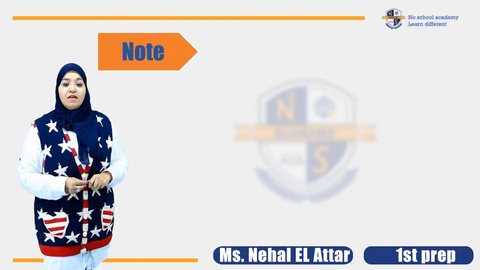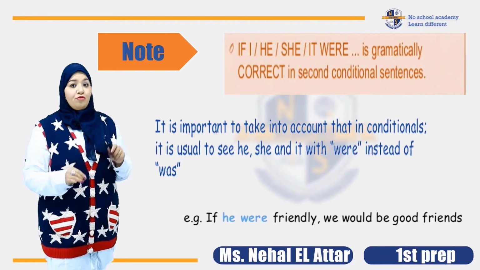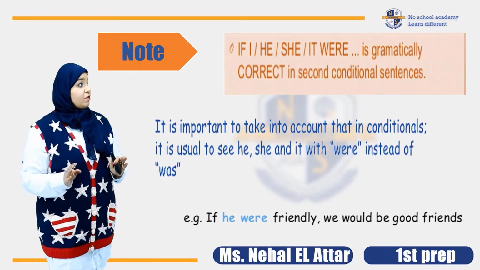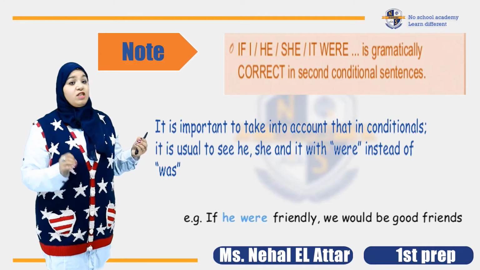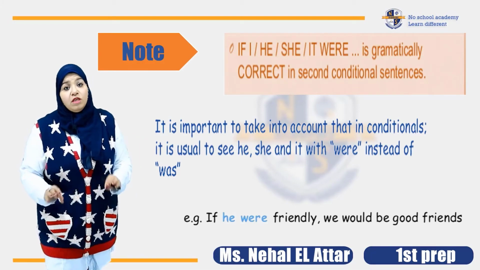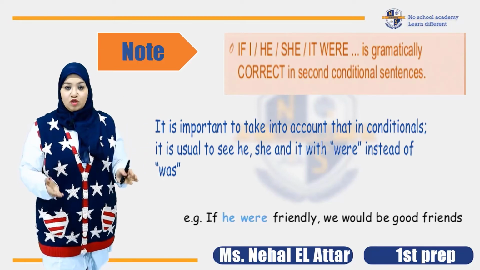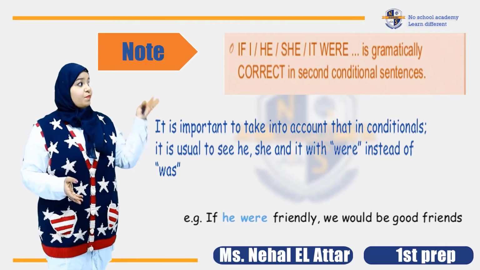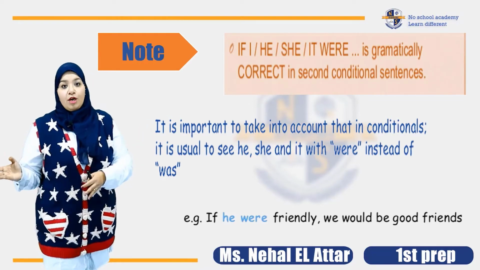And then note something important also other than the form. Another important note here is that with he, she, and it, in the past simple, normally we use was. But here in this situation, we just use were. So, a few seconds ago, we said, if he were a bird.